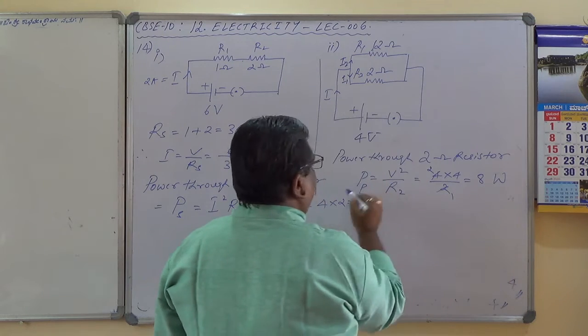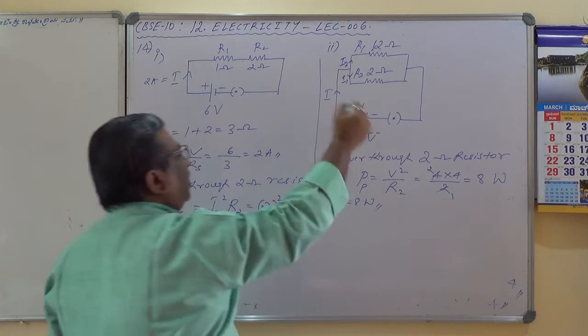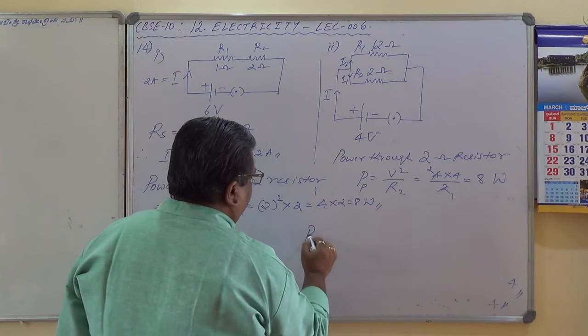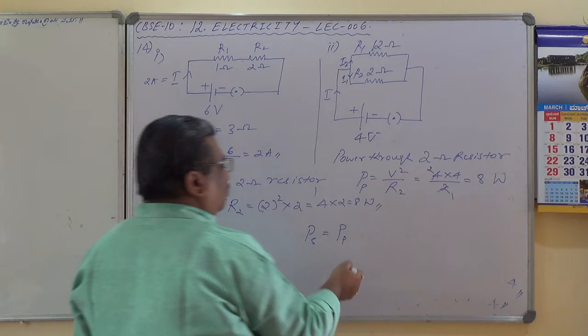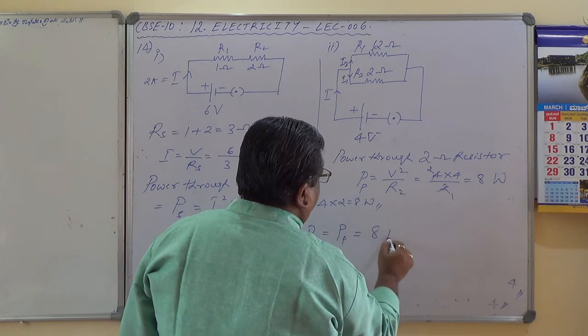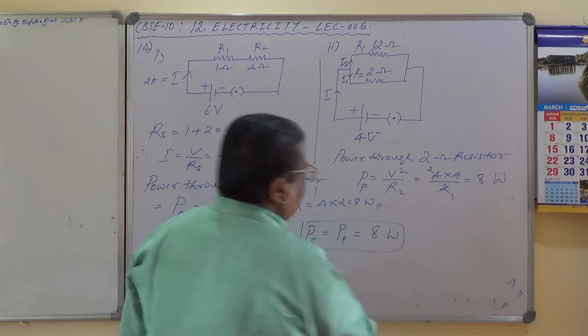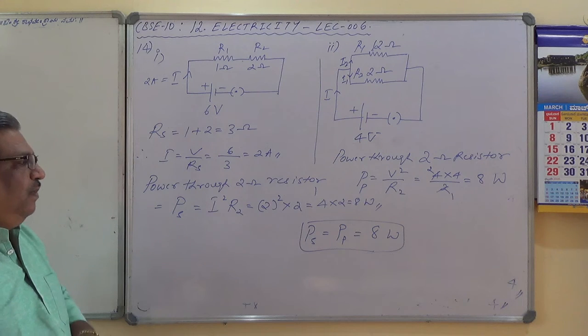So this is in parallel combination. How do we compare this now? PS equals PP. The power across the 2 ohm resistor is 8 watts. In both the cases, the power through the 2 ohm resistor is 8 watts.